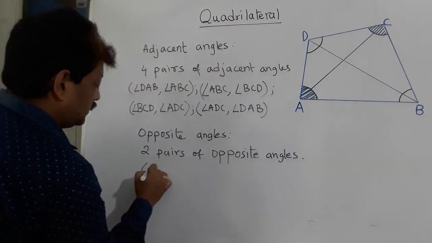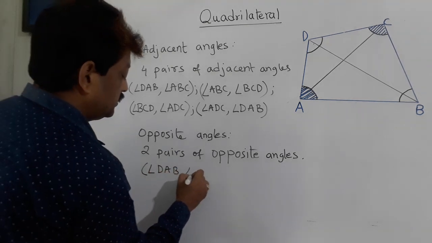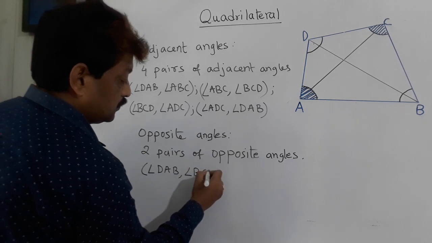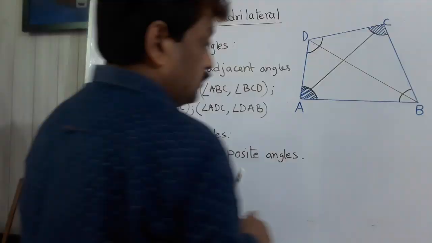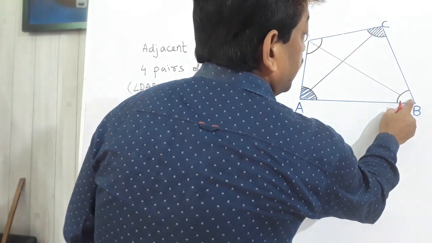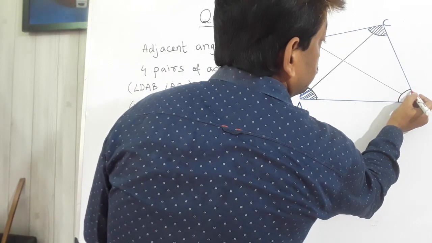Angle B and angle D are also opposite angles. Angle DAB and angle BCD are opposite angles, and angle B and angle D are also opposite angles.